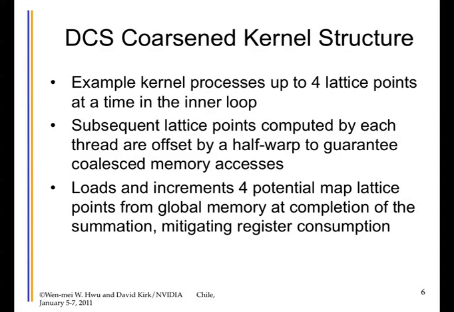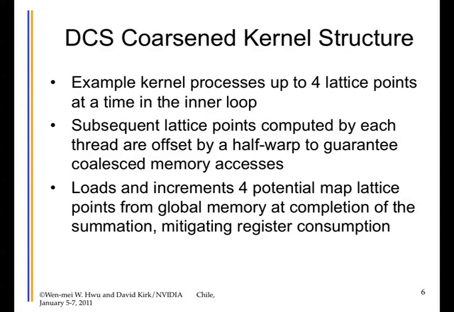In a coarsened kernel, the loop will simultaneously process multiple lattice points, so you will be accumulating the effect for multiple lattice points for each input atom. That's the equivalent of the unroll we're talking about.